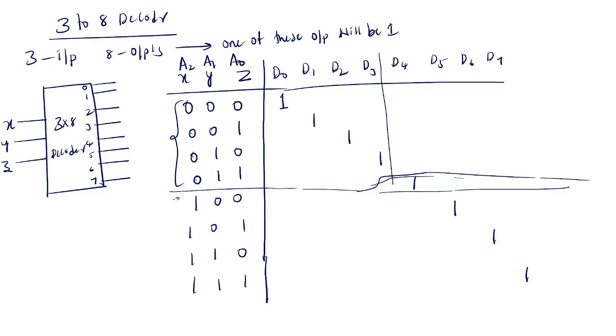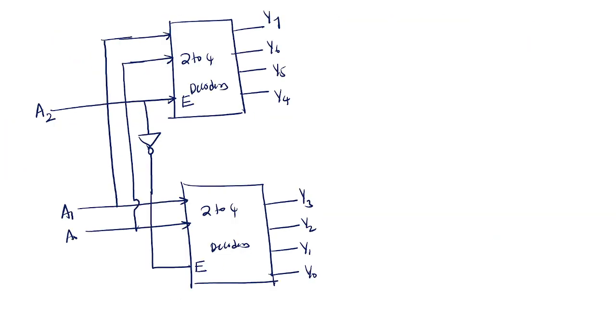And when A2 equal to 1, you will get D4 to D7. When A2 equal to 1, one is directly given, and here 0 is given through the inverter. So this will be the active state and this will be the deactive state, and you are getting these outputs. And when A2 equal to 0, this is the deactive state and this will become the active state, and you are getting these outputs.